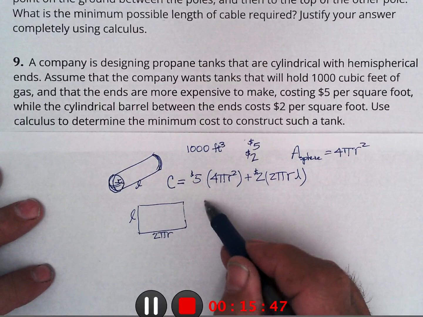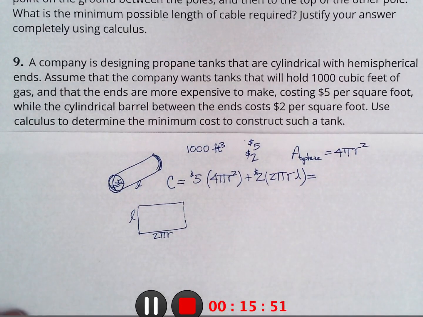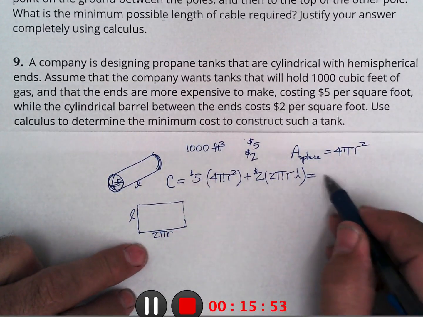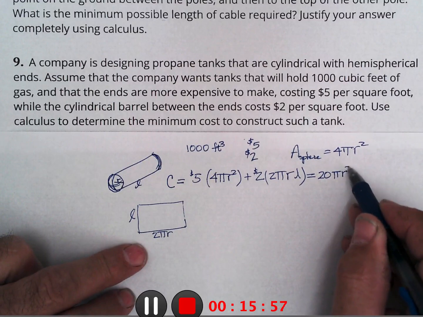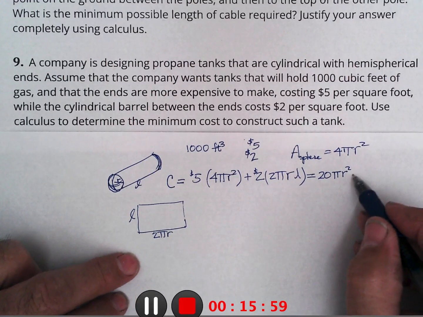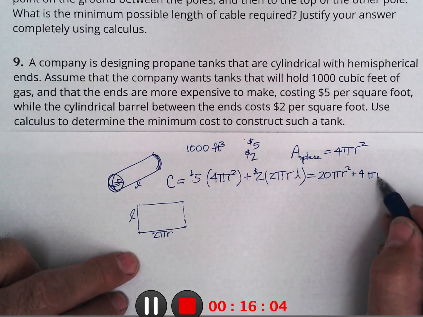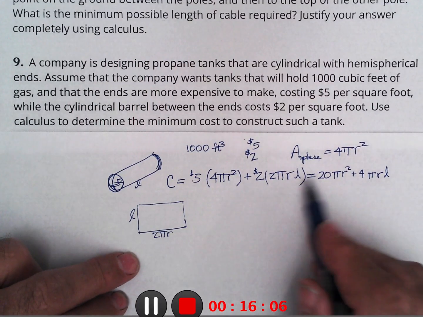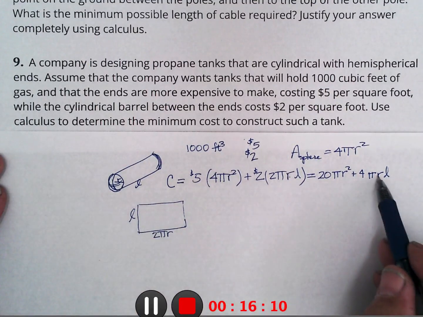But first, let's clean this up a little bit. And we're going to get 20 pi r squared plus 4 pi r L. Well, since I have r and L, I'm going to have to solve to get rid of one of those variables.